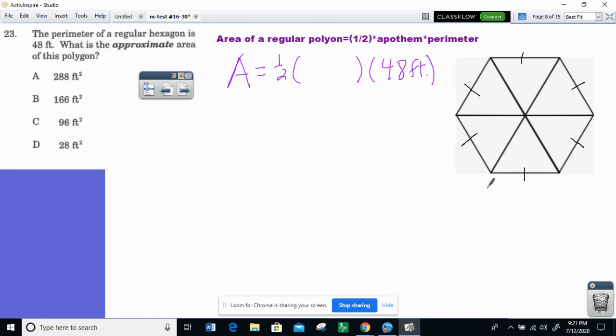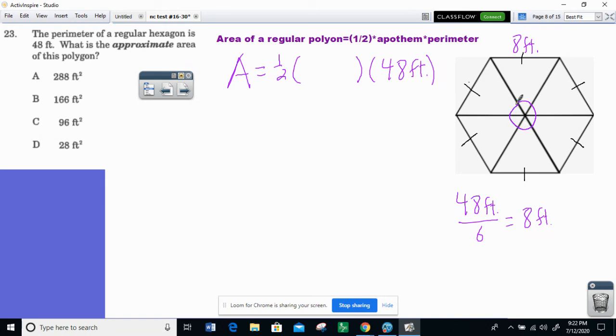Well, in order to figure this out, we need to figure out the length of one side. And if the perimeter is 48 feet, dividing that by 6 will give us the length of one side, which would be 8 feet. So we know that this regular hexagon is split into 6 congruent triangles.